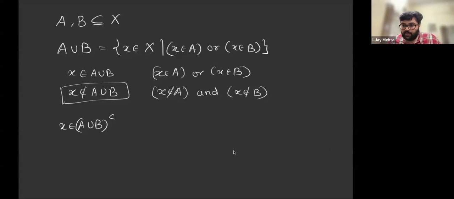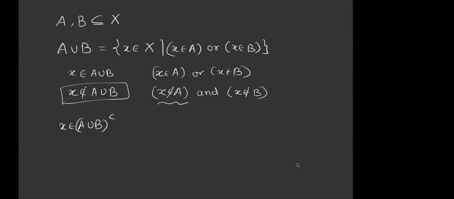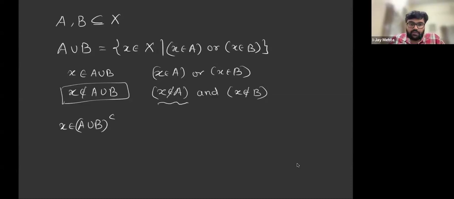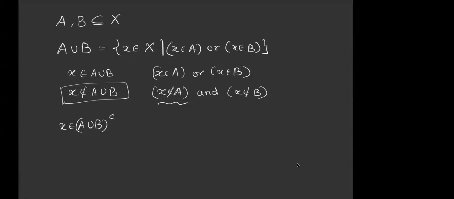Ankita? Yes, sir. If X is not in A, then where is X? Can you give a set where X belongs? If X is not in A, then X belongs to A complement.